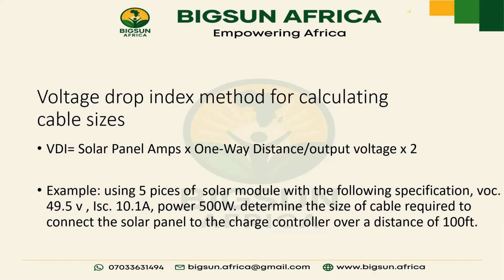Voltage drop index, VDI, is equal to what? Solar panel current, that is amps. So when we are looking at solar panel current, we are looking at the Isc, okay? Then times one-way distance. That is the distance at which the cable is going to travel. If it's a one-story building, let's say it's 15 meters, we calculate 15 meters, okay?